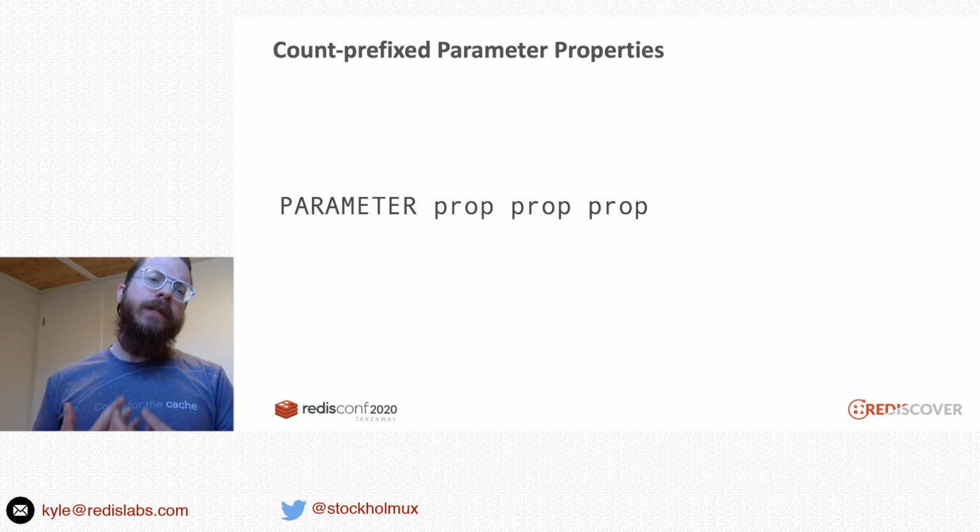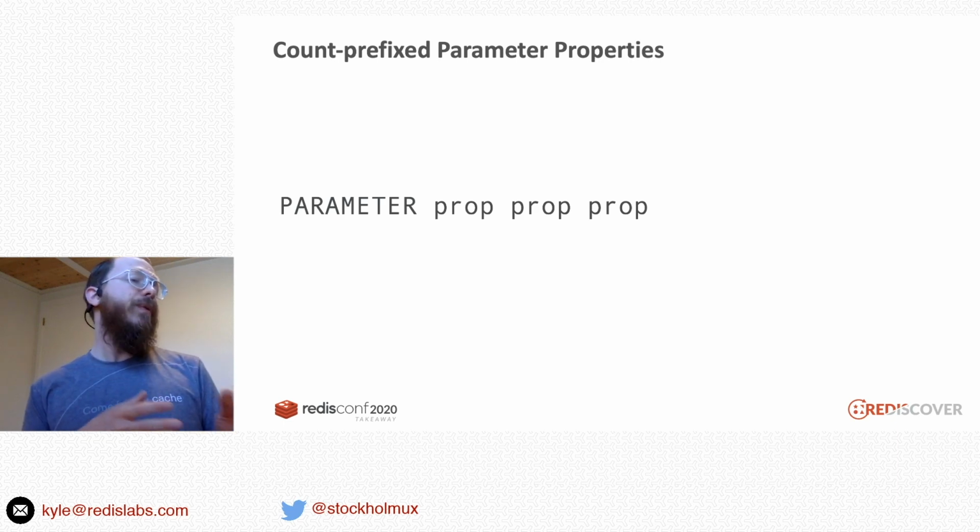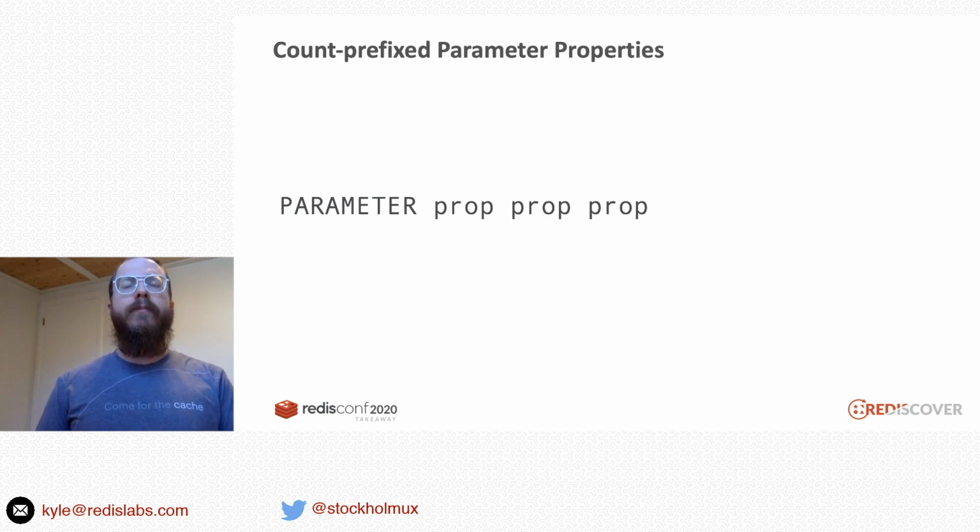It's here really to ease the parsing of the arguments that come in here, and it makes it very explicit what's happening. There's no ambiguity about whether this belongs to this or to something else. You get used to writing these, but it's a little unnatural at first. You'll have a parameter or an argument that you're putting into the ft aggregate command, and you have a number of properties that go along with that parameter or argument.